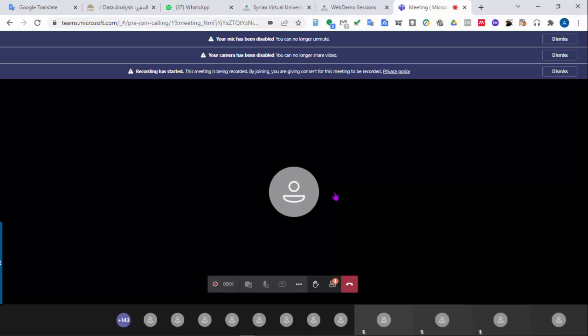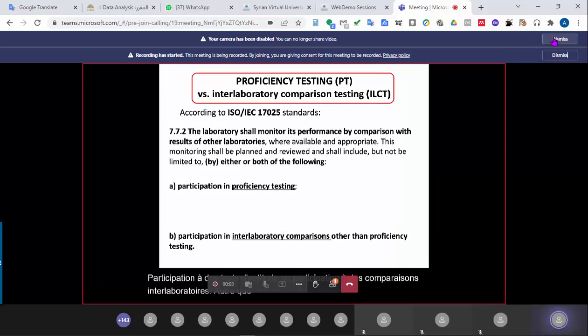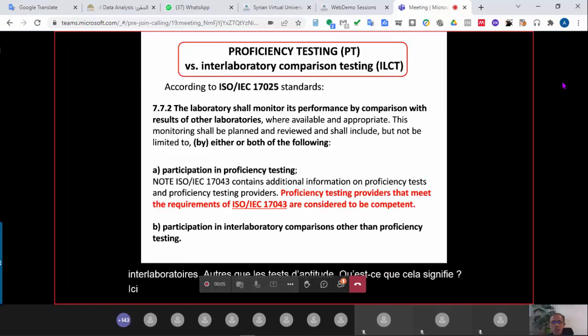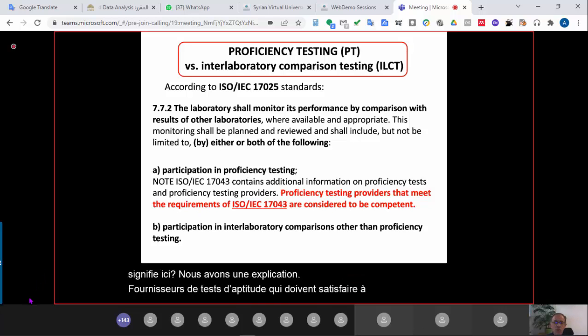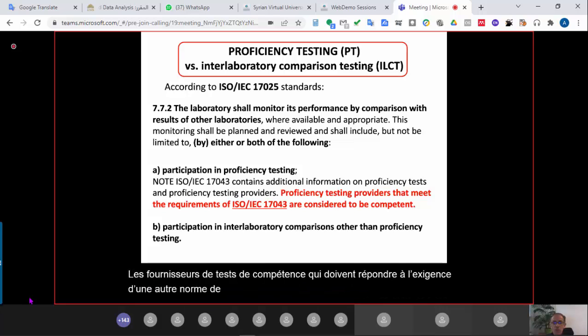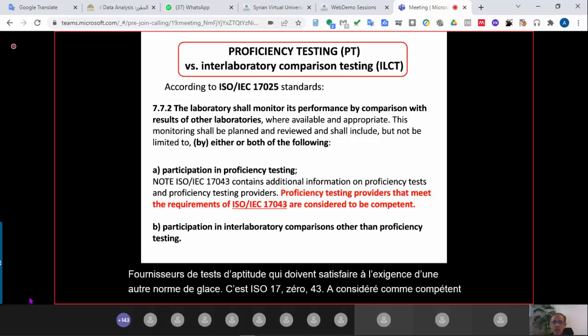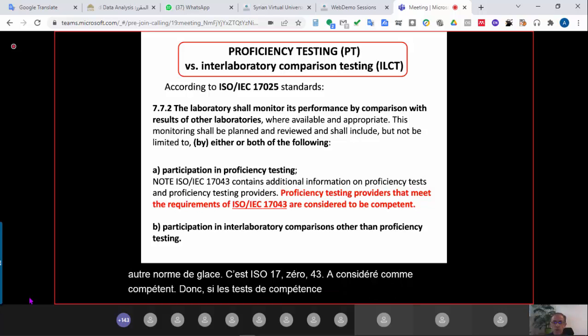Laboratory comparisons other than proficiency testing. So what does it mean? Here we have an explanation. Proficiency testing providers that must meet the requirement of another ISO standard, ISO 17043, are considered to be competent. So if the proficiency testing is done by someone who is accredited for that norm or conducts interlaboratory testing according to ISO 17043 standard, then it is proficiency testing.